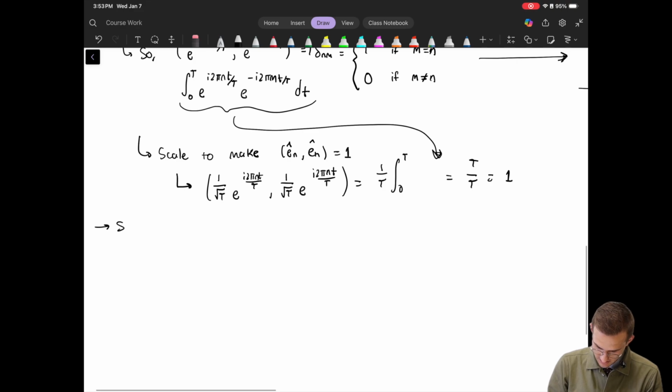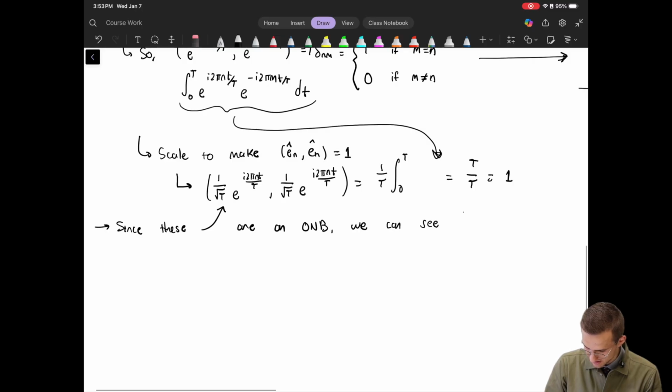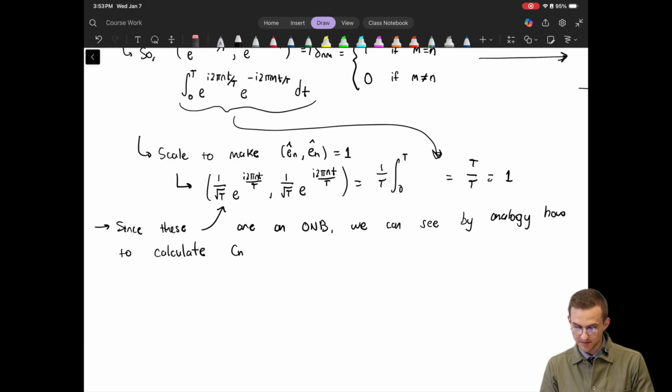Since these are an orthonormal basis, we can see by analogy how to come up with the formulas for calculating the coefficient c_n.